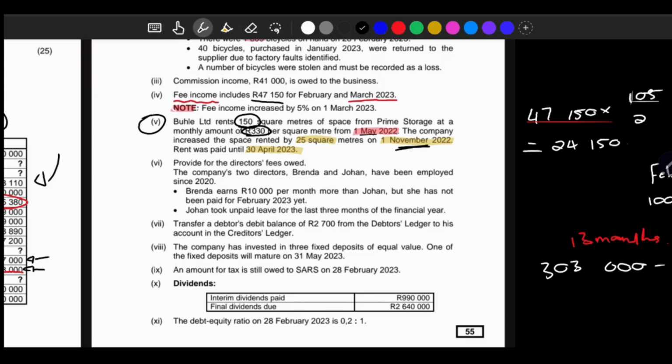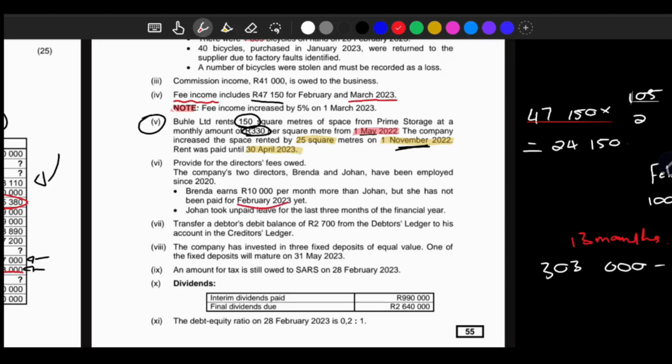So the next one there, provide for the directors' fees owed. They tell us there that the company's two directors, Brenda and Johan, have been employed since 2020. Brenda earns 10,000 per month more than Johan, but she has not been paid for February 2023 yet. So it's going back to what I was saying, listen to what the question is asking you to do.